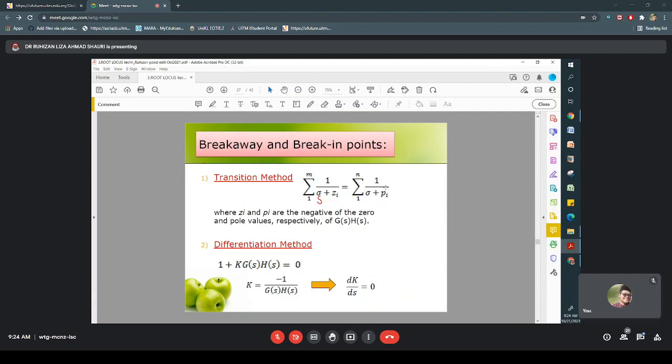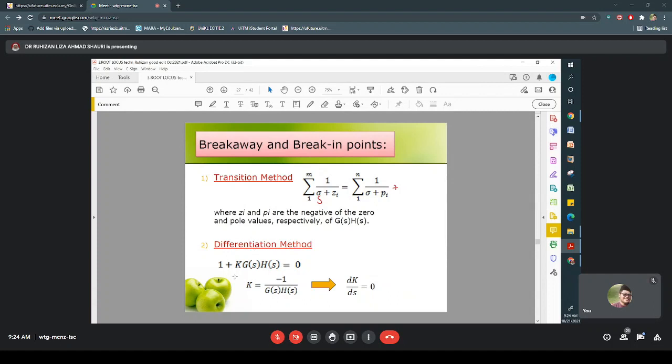Similarly, if you have more than one pole, you just increase it by plus: 1 over S plus P1 plus 1 over S plus P2, and so on if you have more poles.